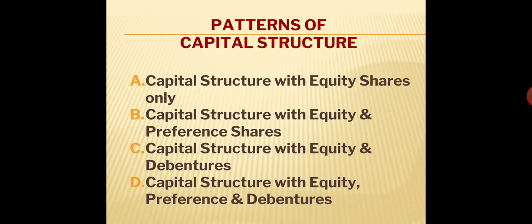And when the market is very large for them, at that point of time it is convenient for the organization to issue equities, preference shares and debentures at a time, and they are able to attract every class of investors.